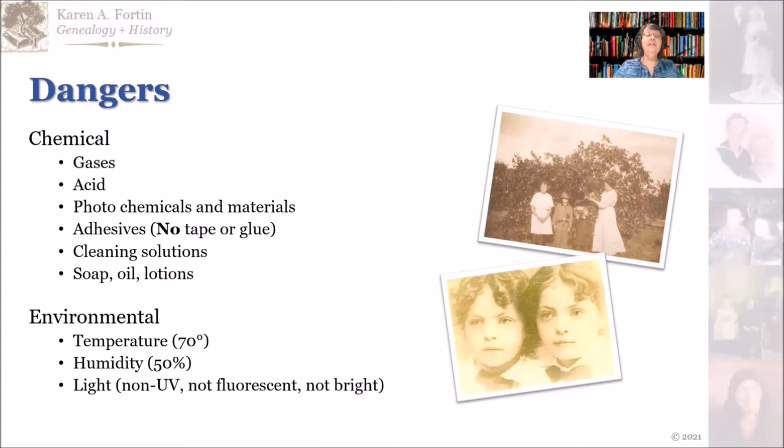The chemicals and materials used in the photographic process are also often inherently unstable and can break down over time. As you can see from the two examples shown here, both of these photos have badly faded over time.